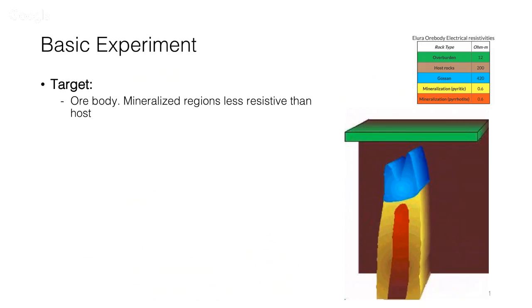There's a straw here that's 200 ohm meters. This is the mineralized zone. The top part of that's really resistant, so it's like 400. And then the yellow and the red are both quite low resistivity. So that's kind of what we're up against.